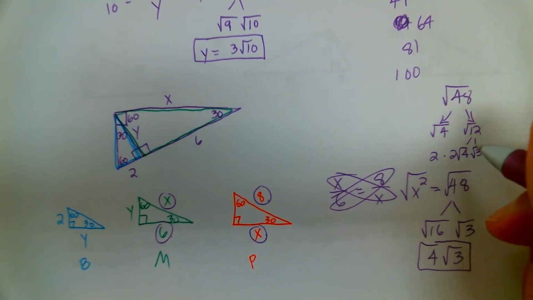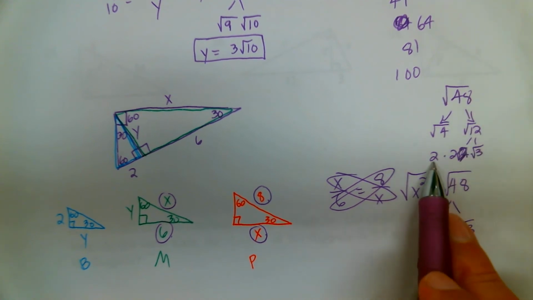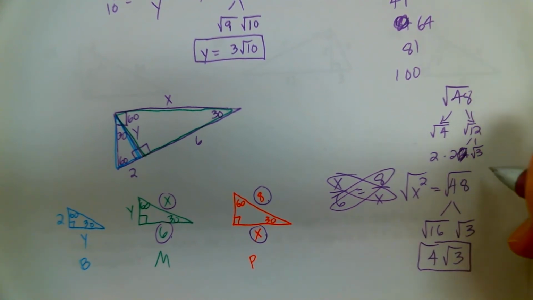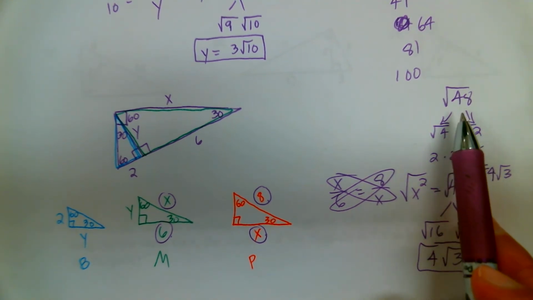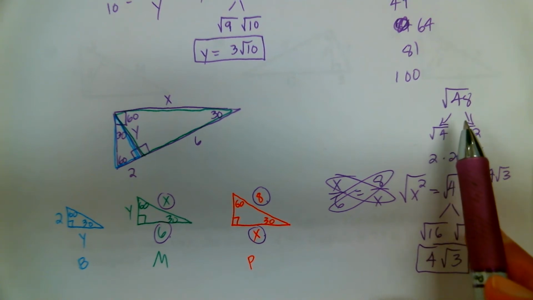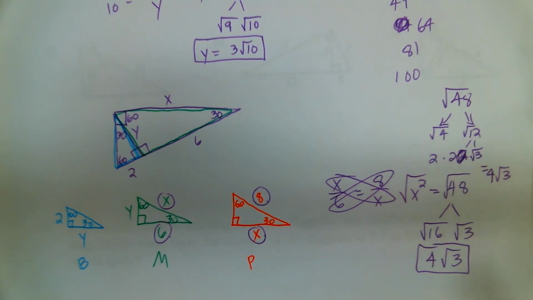The square root of 4 is 2, so this breaks down into 2 times the square root of 3, which still gives me 4 root 3. So if you don't pick the highest perfect square when you simplify these radicals, that's not the end of the world. You just have to do another step.